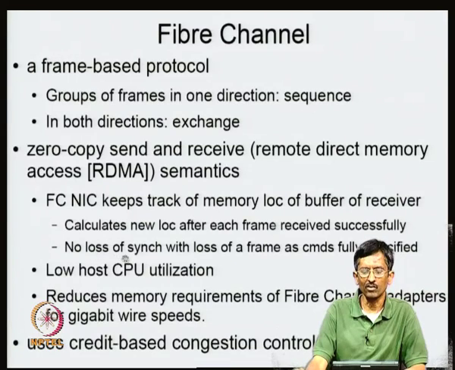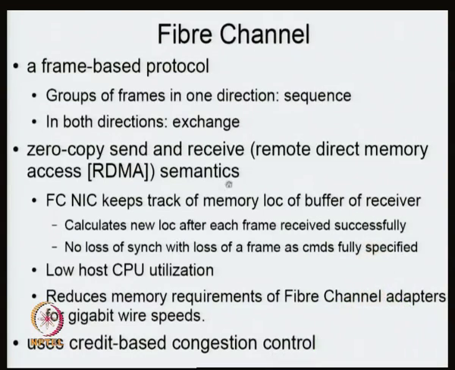And even with the loss of a frame, it turns out there is no loss of synchronization, basically because the commands that they exchange specify all the details fully beforehand. Because of this, there is low host CPU utilization.